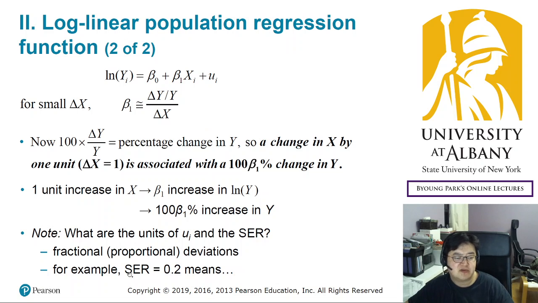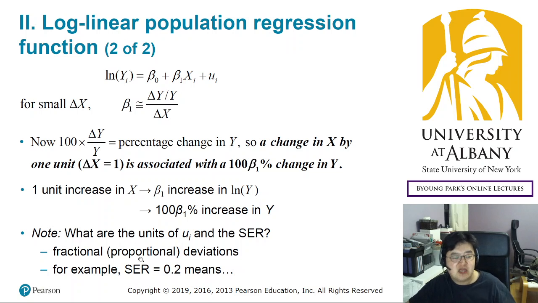For another example, say the standard error of the regression is estimated to be 0.2, which means the standard error is a 20% change in y. So 0.2 is the standard error of log of y, which can be interpreted as 20% of y. Converting between y and log y applies in the same way to the error term and its standard error, right?